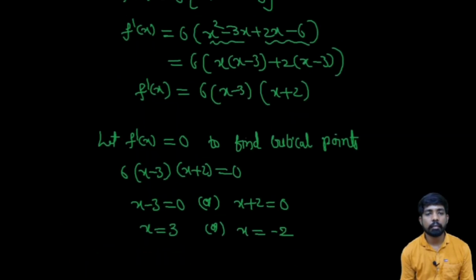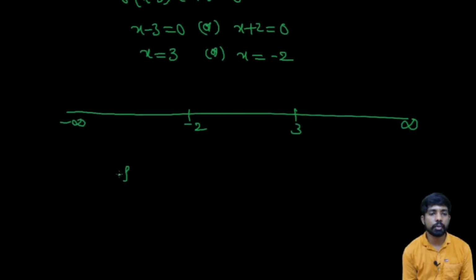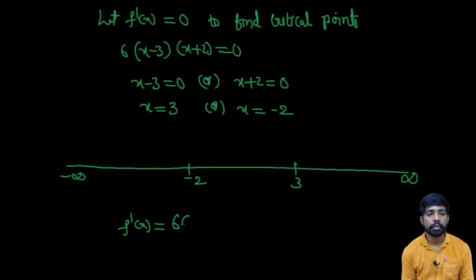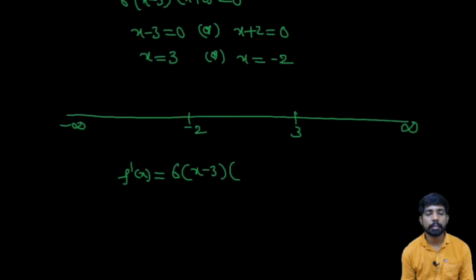Now we consider f dash of x, the slope, which is 6 times x minus 3 into x plus 2. Let us consider any number between 3 and infinity.